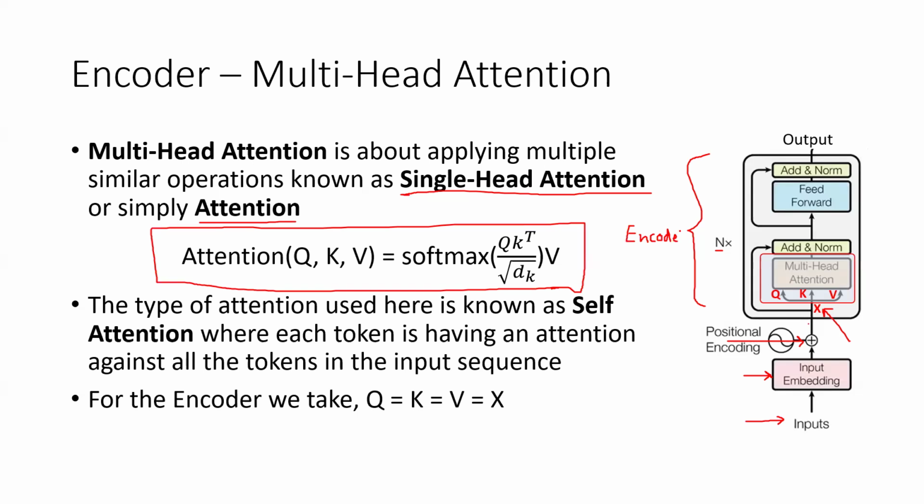Here we are using the self attention. So this is the formula for self attention. Not actually only self attention: we are using the self attention in the encoder, but we are using the cross attention in the decoder. But for all of these attentions, this is the formula that we have to use.